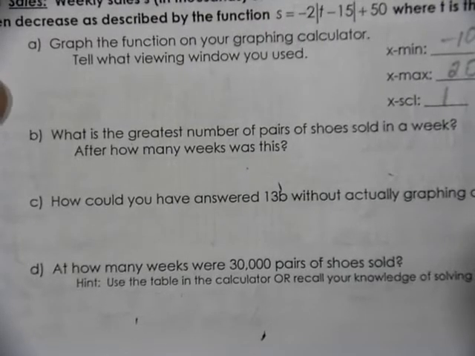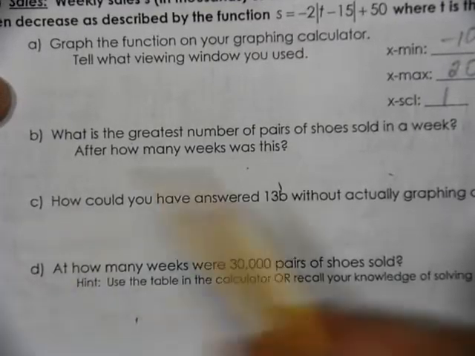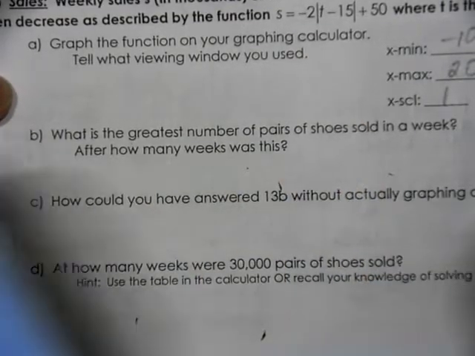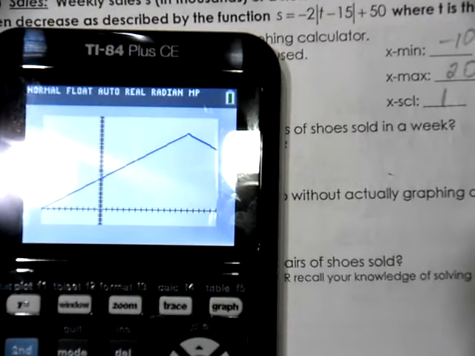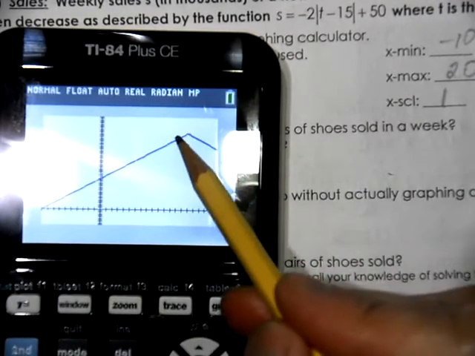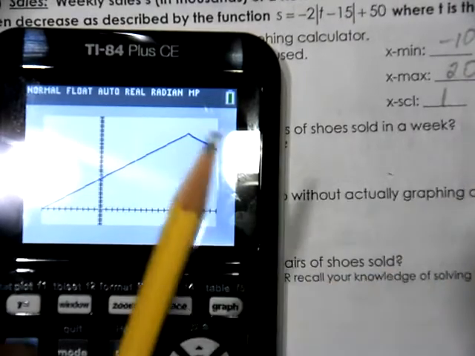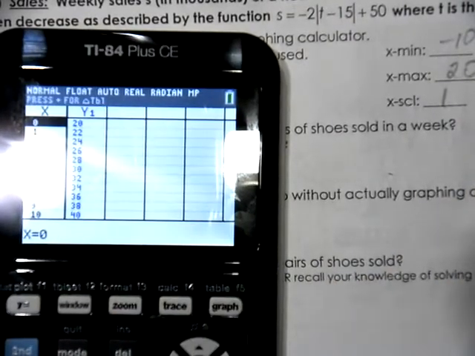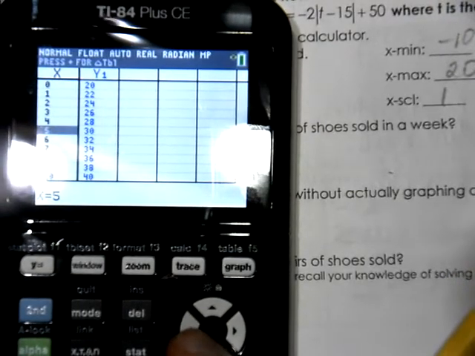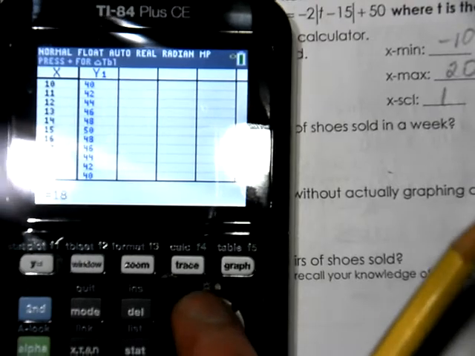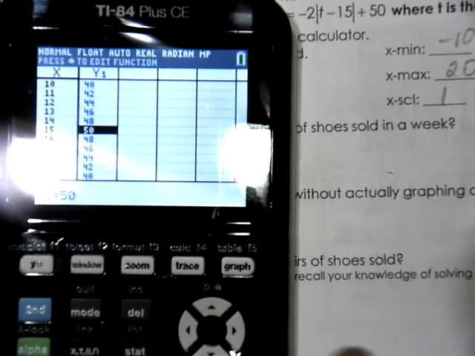So what is the greatest number of pairs of shoes sold in a week? So by looking at our graph, we're going to notice it's way up here, which should be at 50. If we go to table, you'll be able to see that the largest number that this goes to is 50.